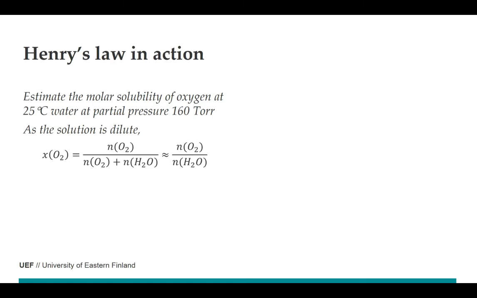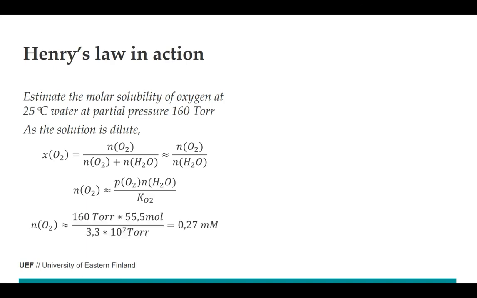This makes the calculation a little bit easier. Then we can just multiply the partial pressure of oxygen with the amount of water molecules and divide it by Henry's constant. And we calculate that you can have only 0.3 millimole per liter of oxygen dissolved in the solution.